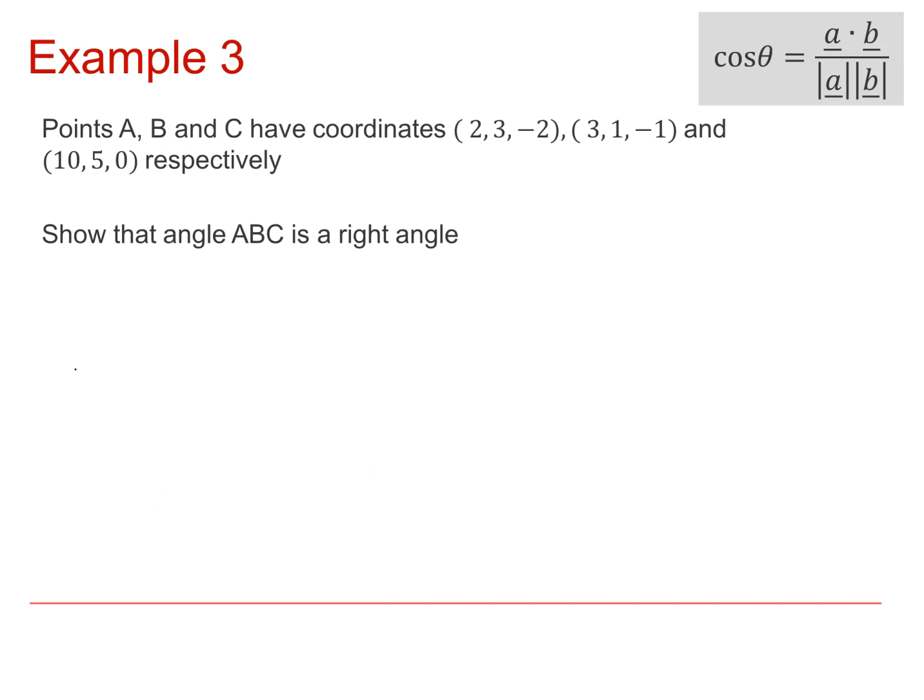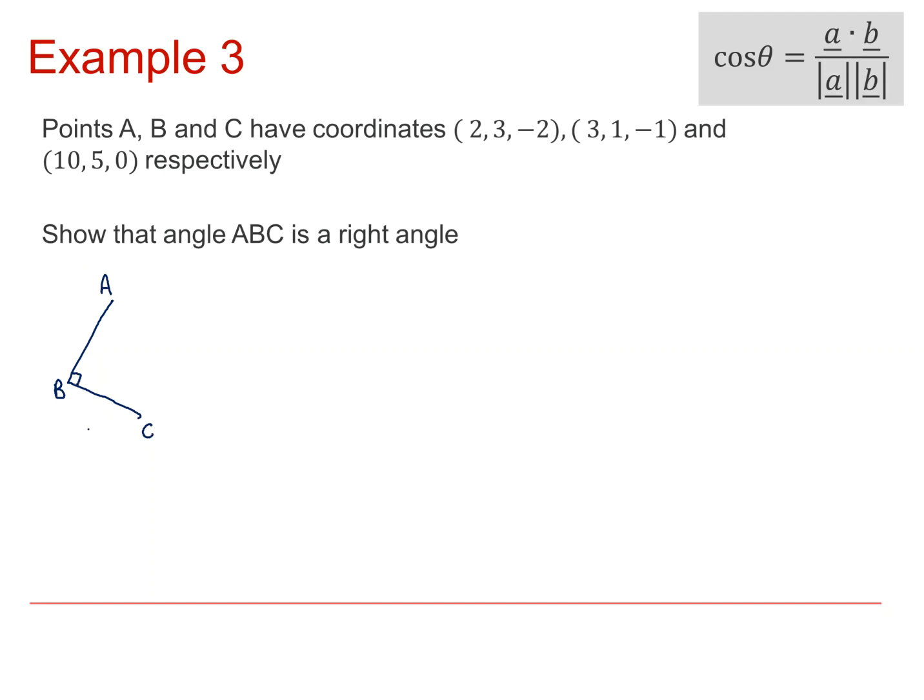For our final example, we need to draw a quick sketch to make sure that we've got everything labelled correctly and we're going in the right directions. We want the angle ABC, so we need B at the point and A there and there.